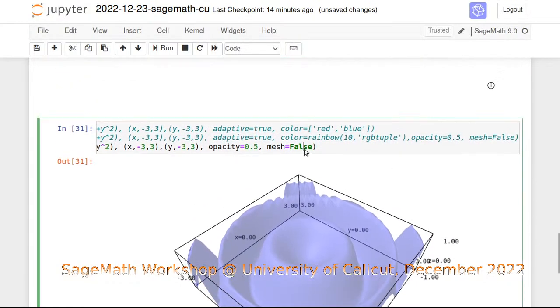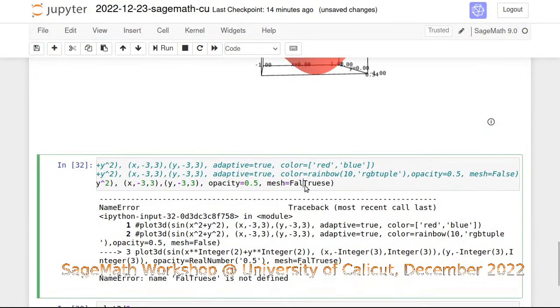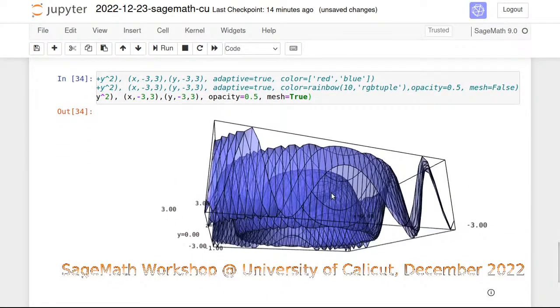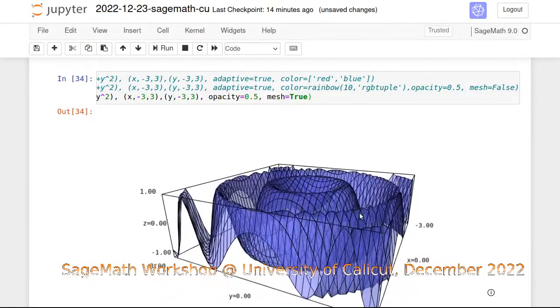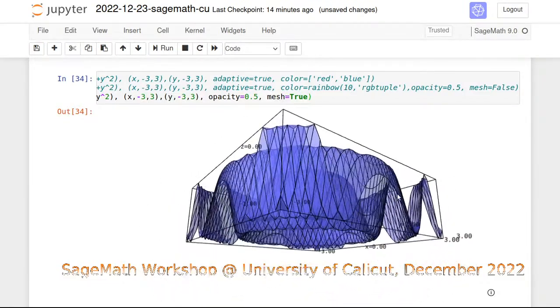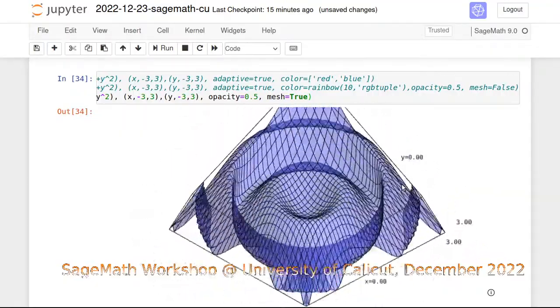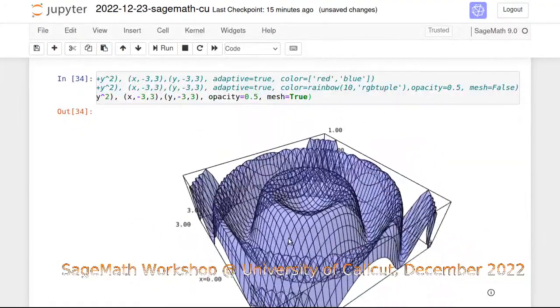Here mesh is false. Now it's working. I think the mesh option probably, I don't know whether we are not seeing it because of the coloring. A mesh option doesn't seem to work along with this adaptive thing, because probably we are coloring and we are not seeing what exactly is happening behind that.